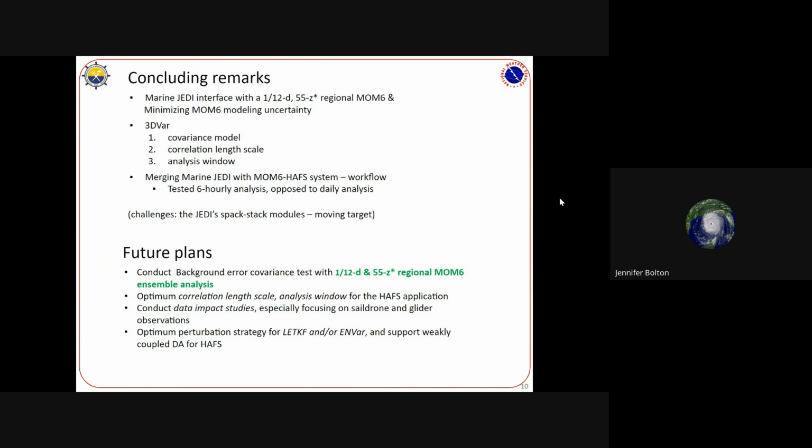In other words, we have to check the balance throughout the water column. And thirdly, analysis windows. A 6-hourly window is doable if you use remote sensing observations.